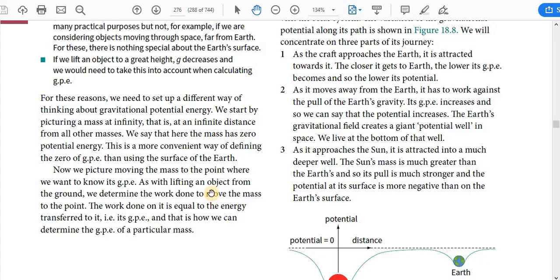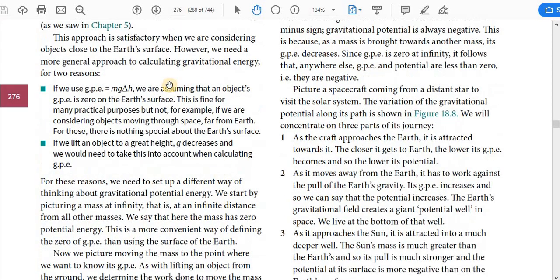This is something that some students have somewhat difficulty in understanding, but it is easy. You have to compare it with mgh. The further you move away from the surface of the earth, the greater the gravitational potential energy. So if an object is coming from outer space towards the earth, the gravitational potential energy of it increases, but with a negative sign, because when it is getting closer and closer to the surface of the earth, the gravitational potential energy should decrease.